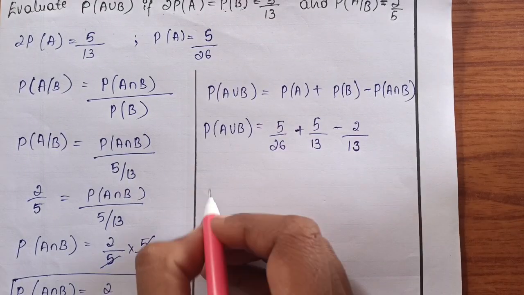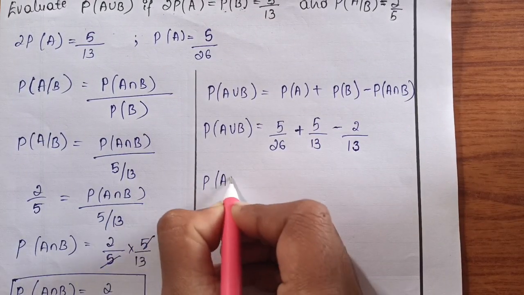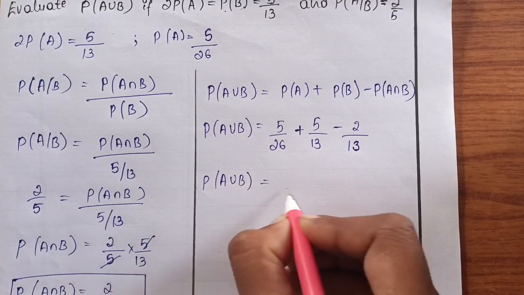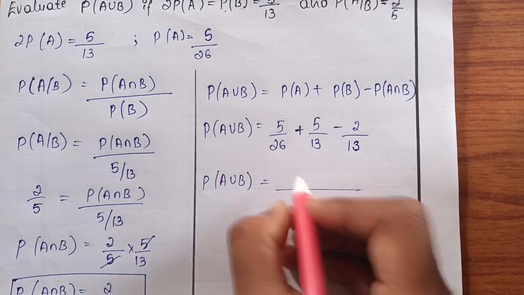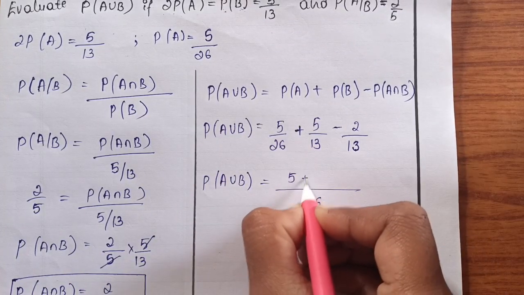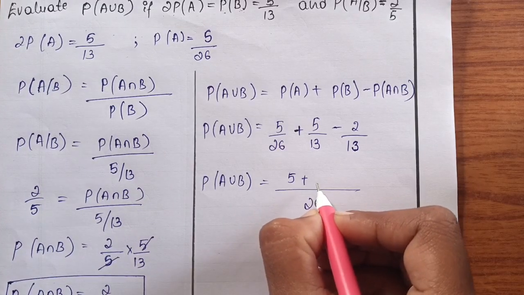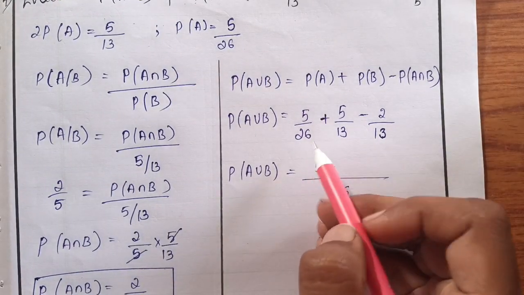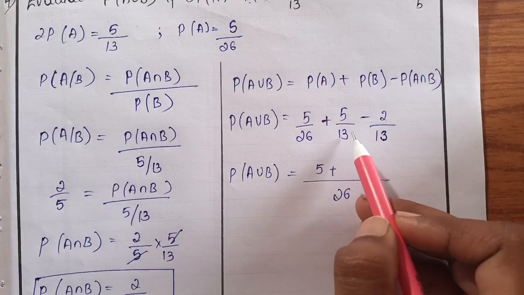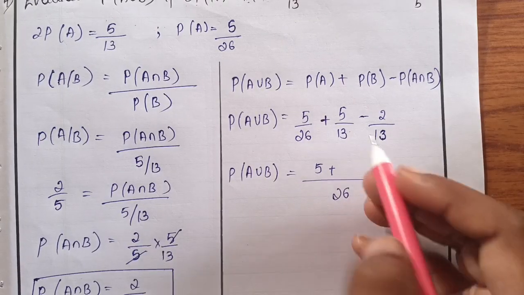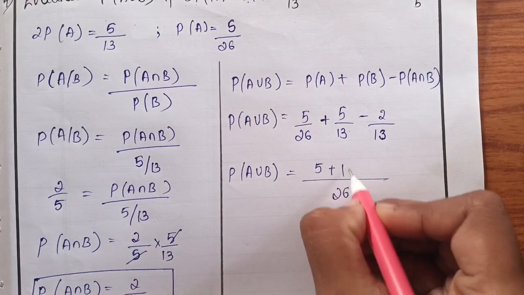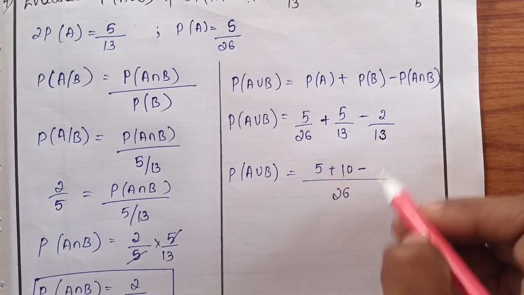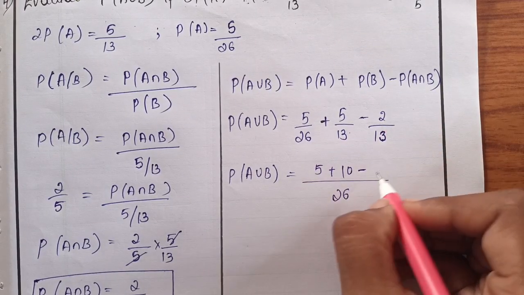To find the LCM: the LCM is 26. 26 cancel, 5 as it is, plus 13 twos are 26, so 2 into 5, 10, minus 13 twos are 26, so 2 into 2, 4.